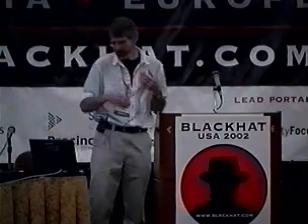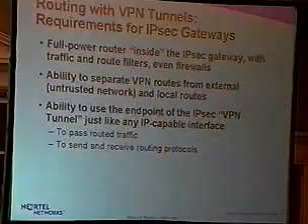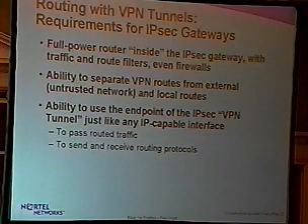Okay, so the basic functionality here is you need to do the routing inside the IPsec gateway with traffic and route filters. You need to be able to set up routing policy with this routing functionality. You need to be able to separate the VPN routes from the external routes.